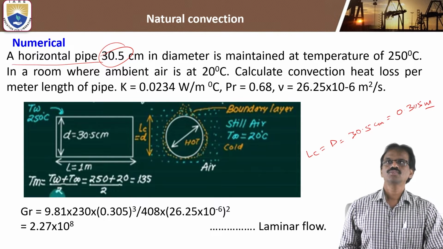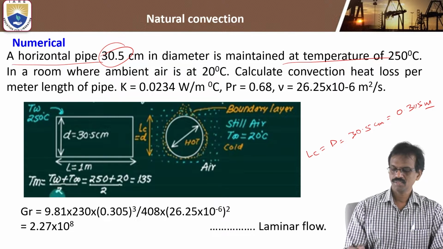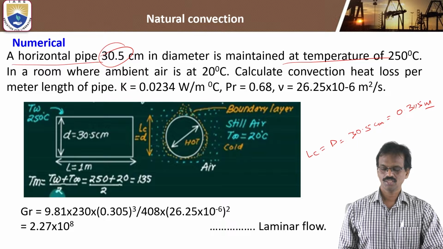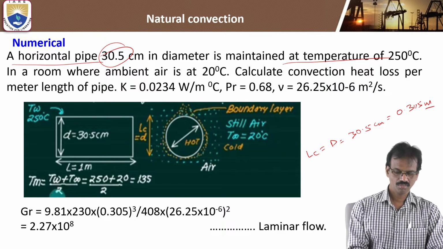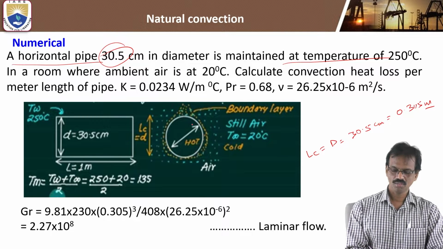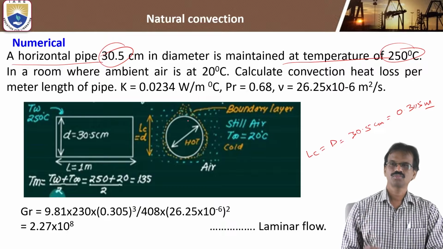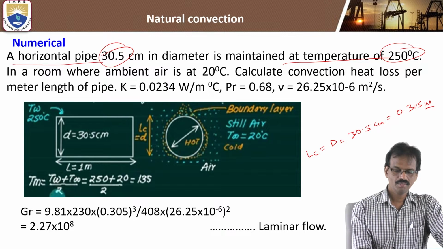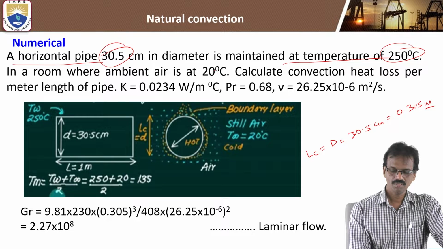The horizontal pipe is maintained at a temperature of 250 degrees centigrade. The hot body is the solid surface, and the ambient air is at 20 degrees.